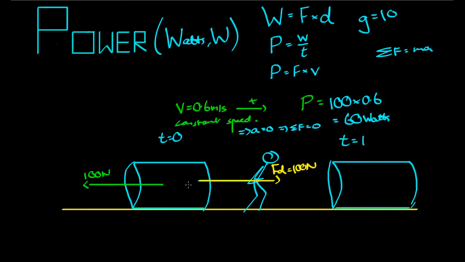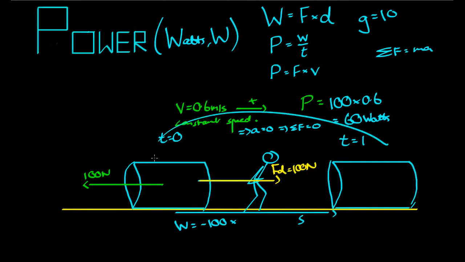By the time the barrel moves from here to here, the work done by friction is equal to negative 100 times that displacement there. What is that displacement? Well, if he's moving at 0.6 meters per second, and this takes place over 1 second, the displacement is equal to 0.6. That's negative 100 times 0.6, or negative 60 joules.